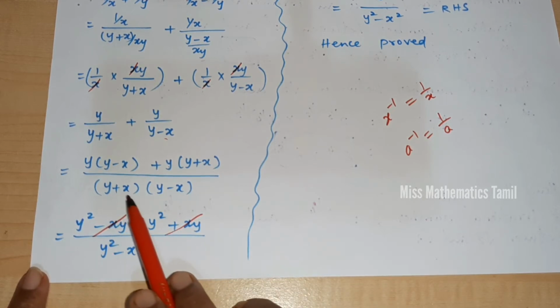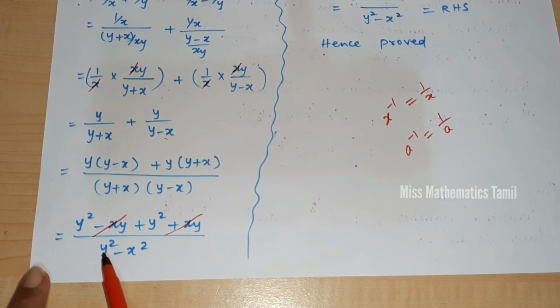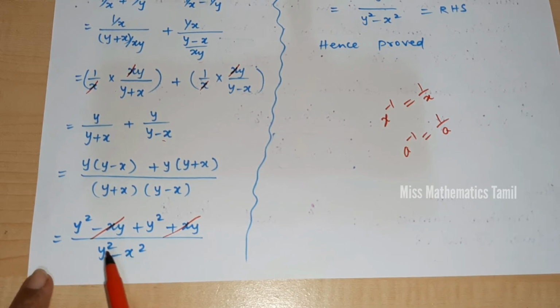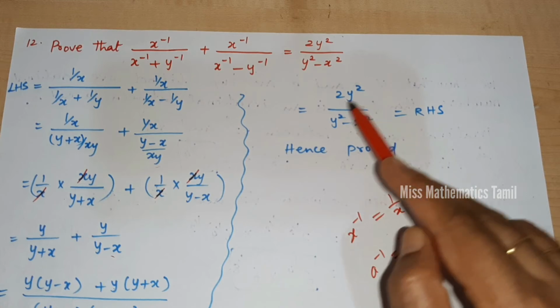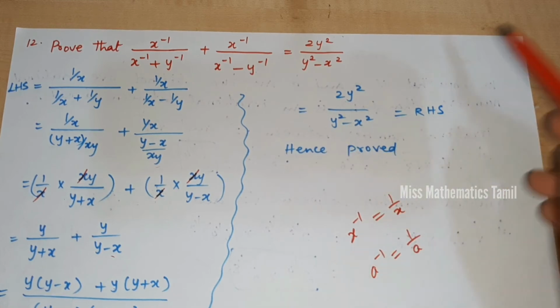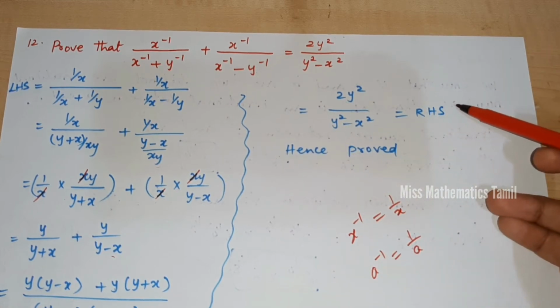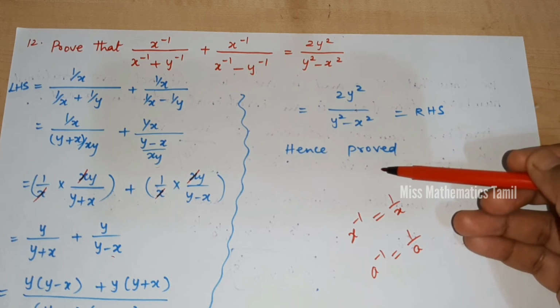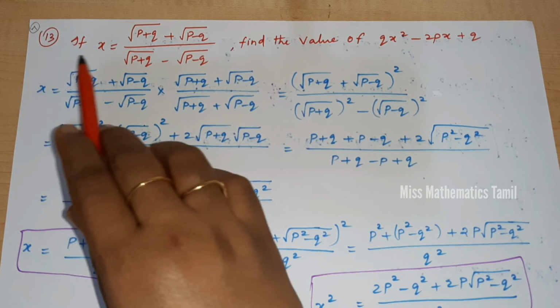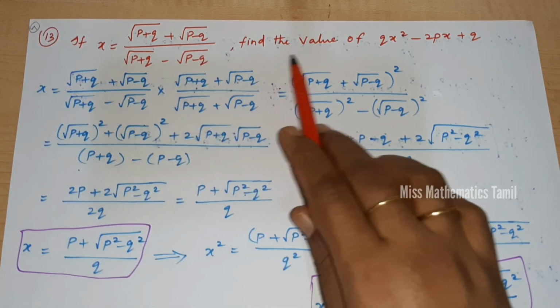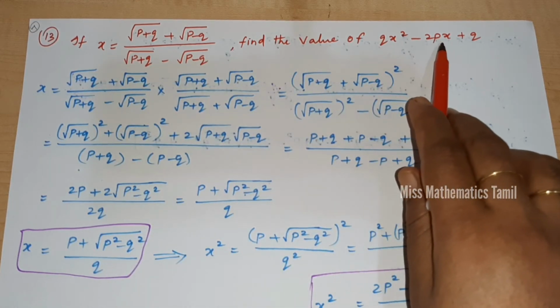In the denominator a plus b into a minus b, we know already a square minus b square format I wrote here. Okay, next xy cancel. In the numerator 2y square divided by y square minus x square. This is equal to RHS. Hence proved. Right?